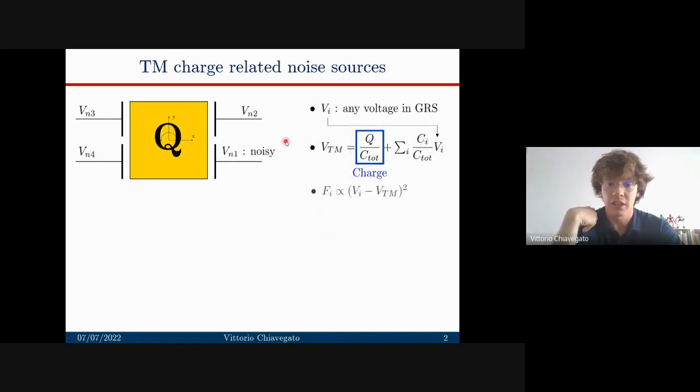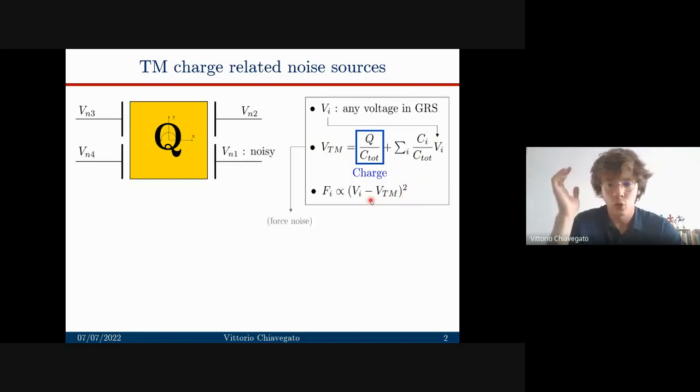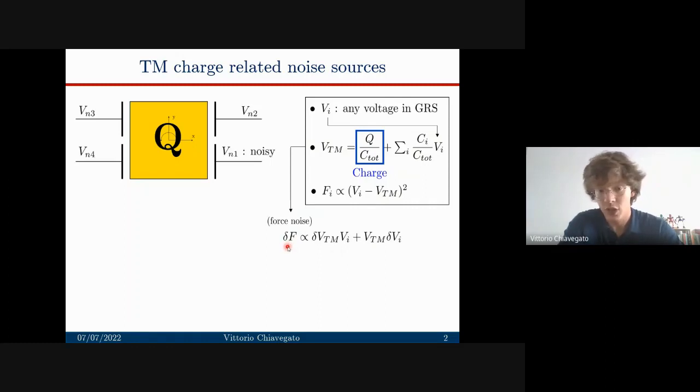And then consider the fact that the force on the test mass is proportional to the difference between these voltages and the test mass voltage squared. Then it is easy to show that we have a contribution to the force noise, which is made of 2 components. You see, this is the force fluctuation.